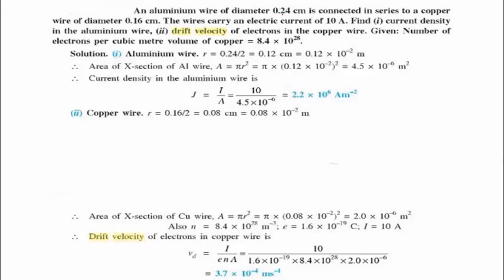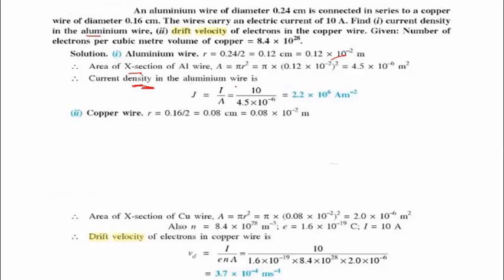We divide by 2 and get 0.12 centimeters, converting it into meters, times 10 power negative 2 meters. Again, we have the cross-sectional area of the aluminium wire, because the question asks us for the current density in the aluminium wire.